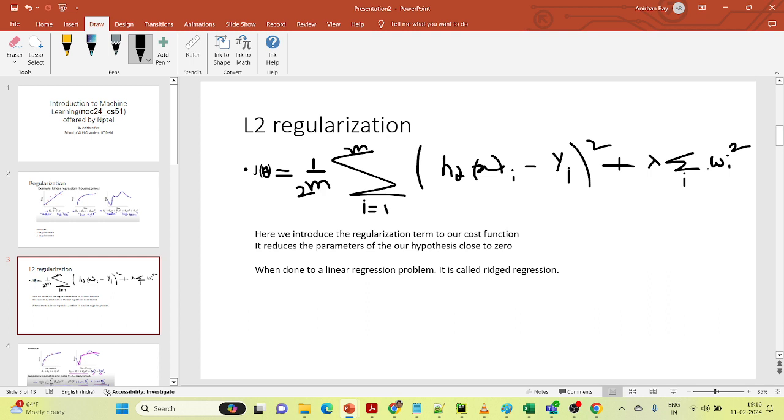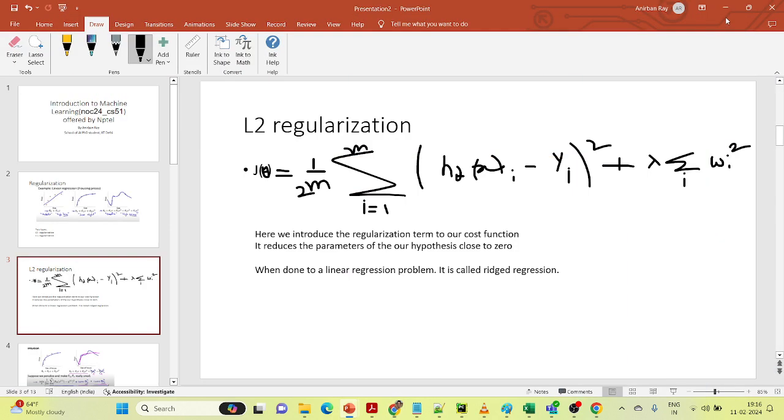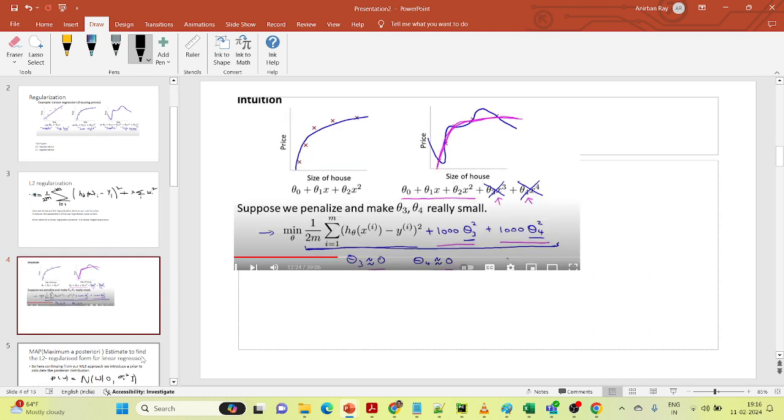I have defined w as the parameters, right? This is the scaling parameter, lambda, called so. So lambda times the summation over wi square.